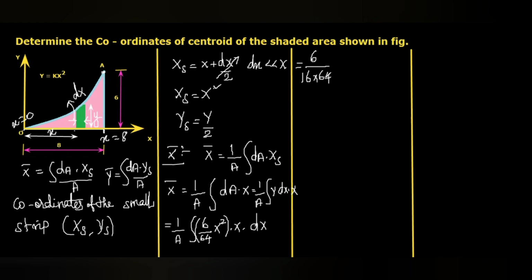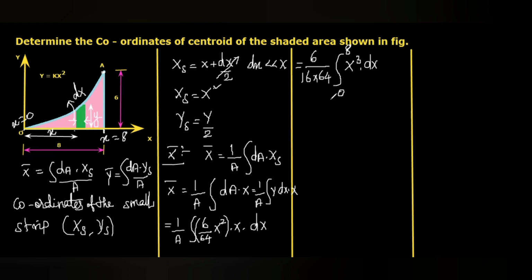Multiplied with 64. Integral of x square multiplied with x, we will get x cube dx. It is in the form of x and dx, the variable x varies with the limit from 0 to 8. So 0 to 8.